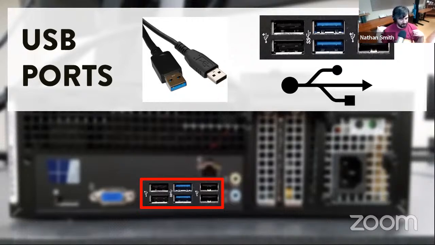But USB also sends data back and forth between your computer and whatever pieces of USB equipment are attached to it. With my microphone here, there's a USB cable plugged into the bottom of it that runs down here and it goes into my computer.